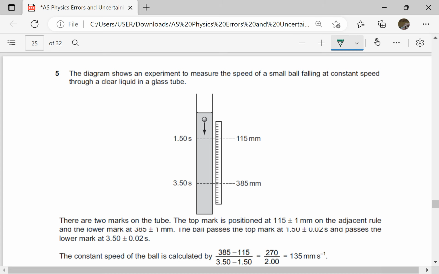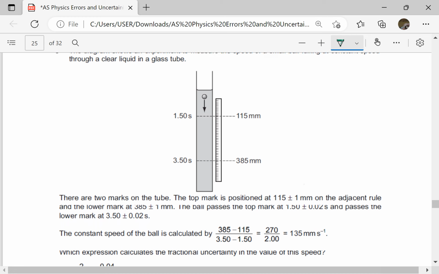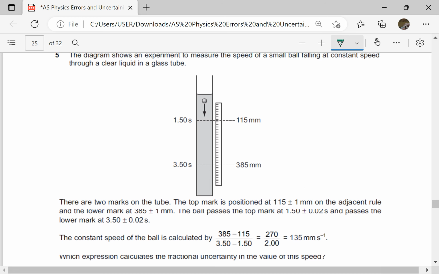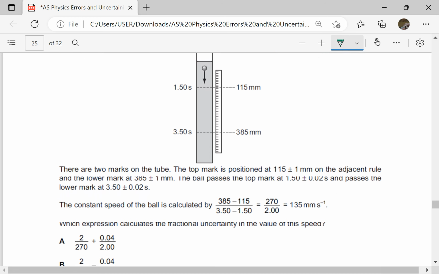The diagram shows an experiment to measure the speed of a small ball falling at a constant speed through a clear liquid in a glass tube. There are two marks on the tube. The top mark is positioned at 115 plus or minus 0.1 on the adjacent rule. The lower mark is 385 plus or minus 1 millimeter.